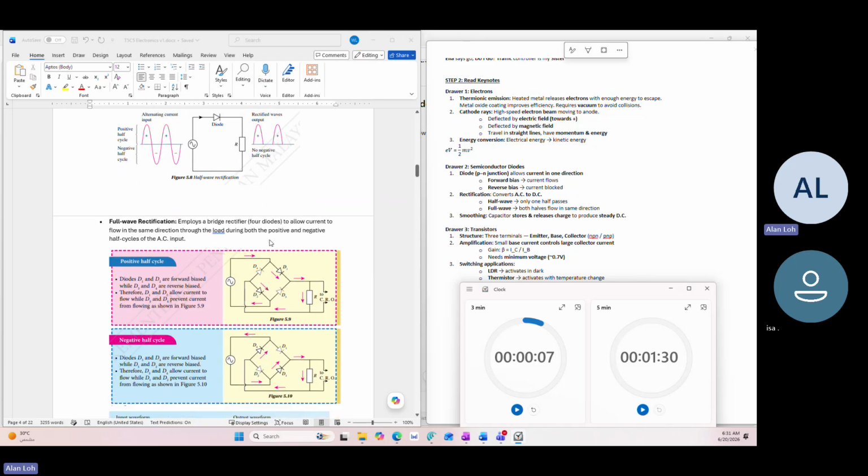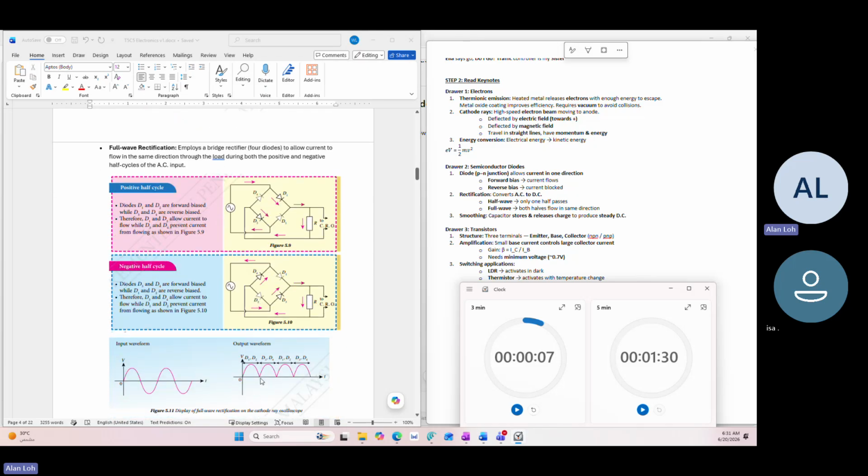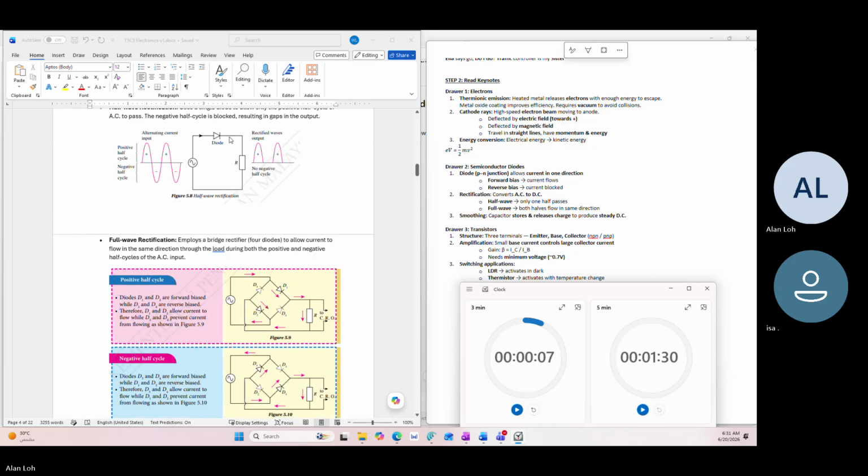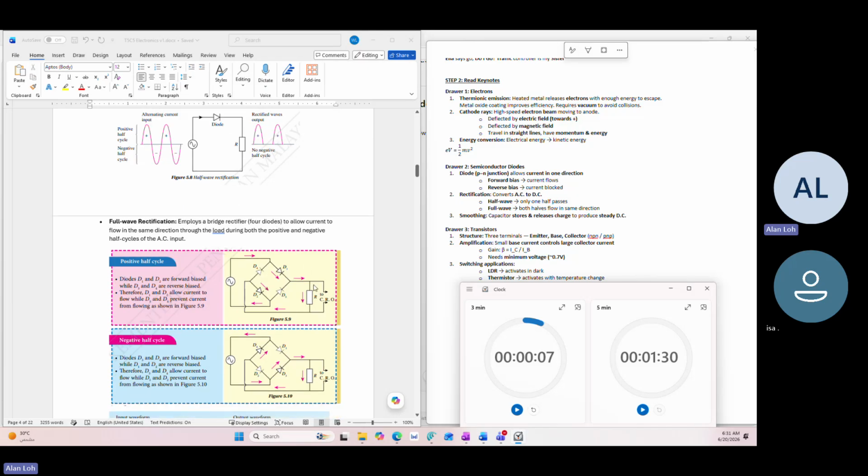How do you generate full wave? That is going to look like this. This is the setup. Half wave is this setup, a very simple setup. Full wave is this setup, a bit more complicated. But once you understand the concept, when you have time later, you have to appreciate this diagram, and start to follow the arrow, how this arrow works, with the understanding that this is AC current.